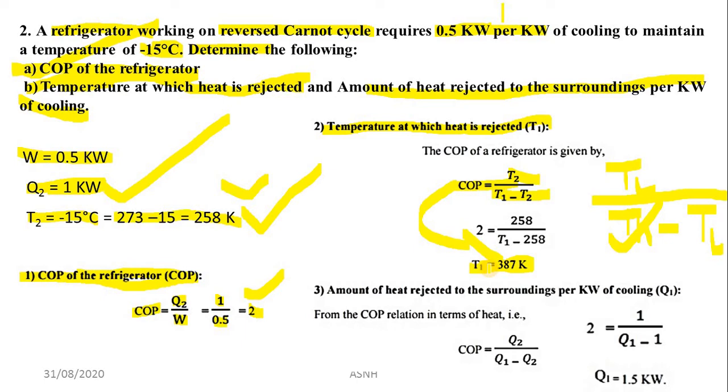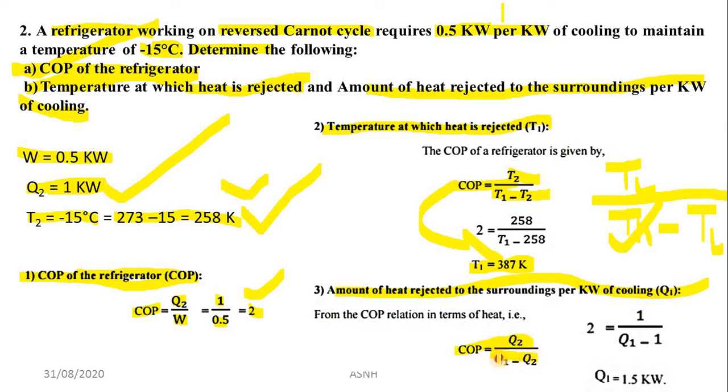Now the third parameter is the amount of heat rejected to the surrounding per kilowatt of cooling. In order to calculate that third parameter, that is Q1, we know the formula of the Carnot COP.